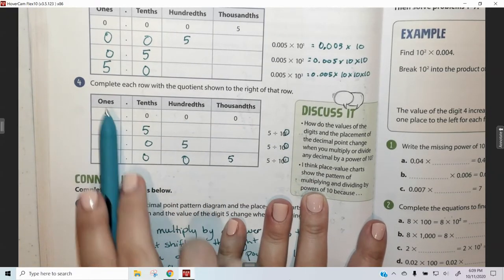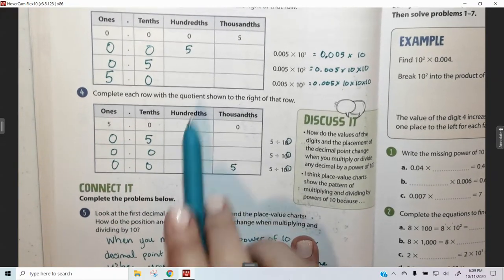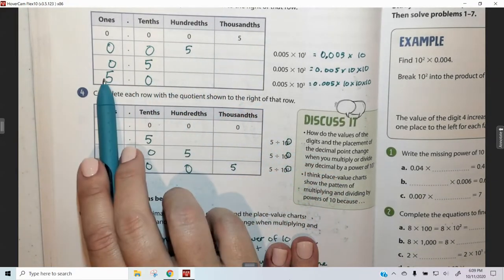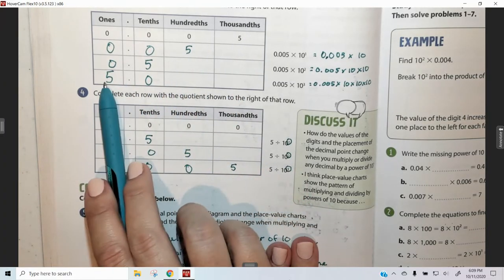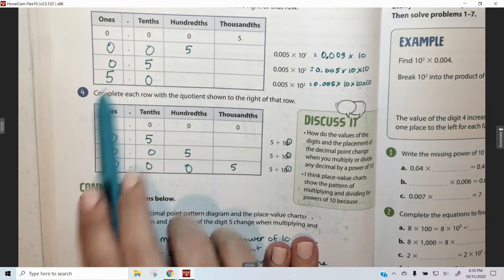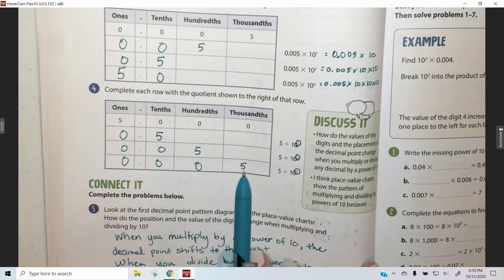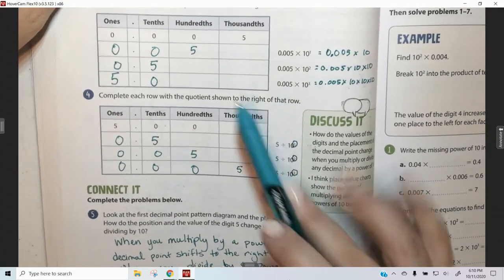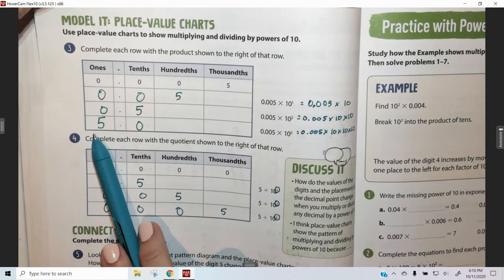And so this time, our 5, as you probably guessed, is moving to the right. Here, our 5 moved to the left as we multiplied by powers of 10. Here, our 5 moves to the right as we divide by powers of 10. So in the place value chart, the digit moves.